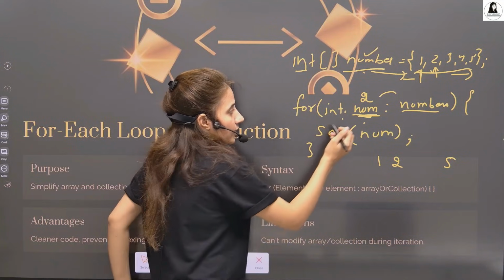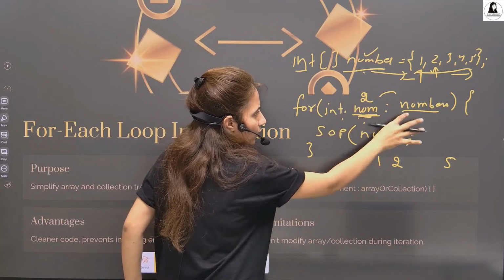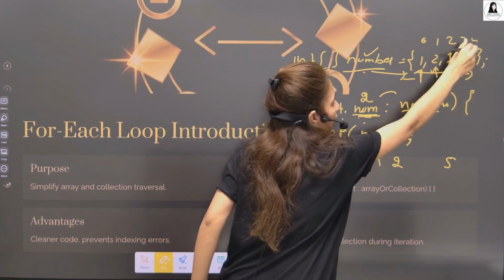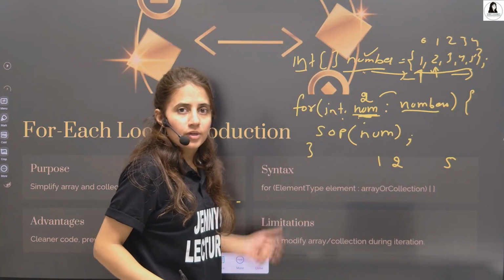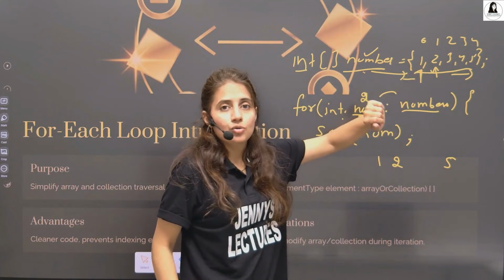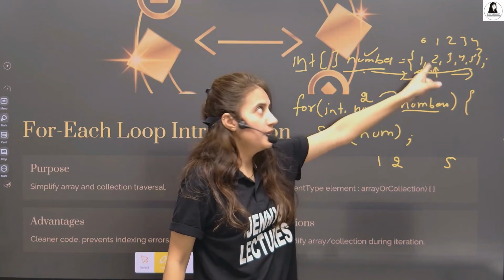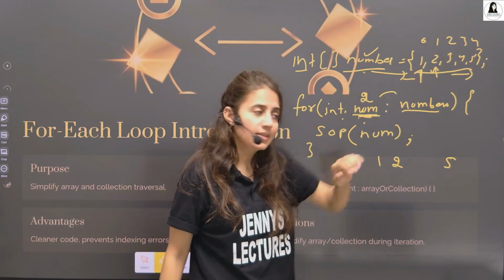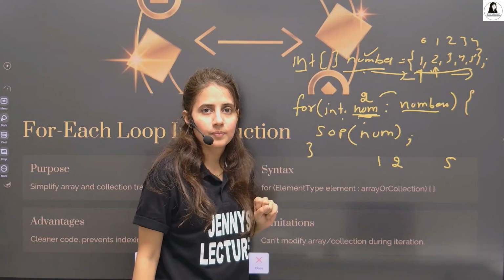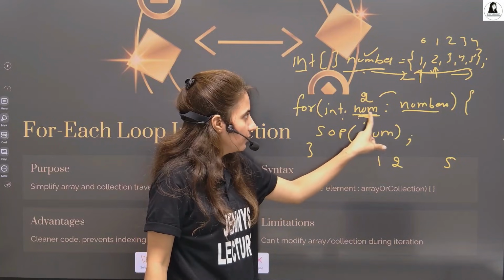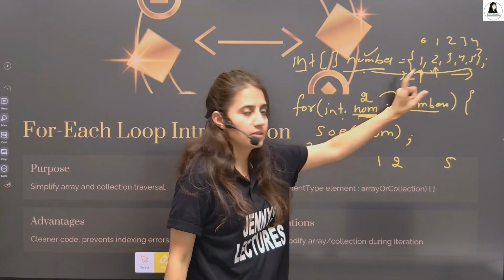Now here, this variable is not containing any index of this array, 0 1 2 3 4. No. So if you need to access the index, or if you need to modify the elements of the array based on the position or the index, in that case you cannot use this loop, because this will not store the index. This variable will store the element itself.